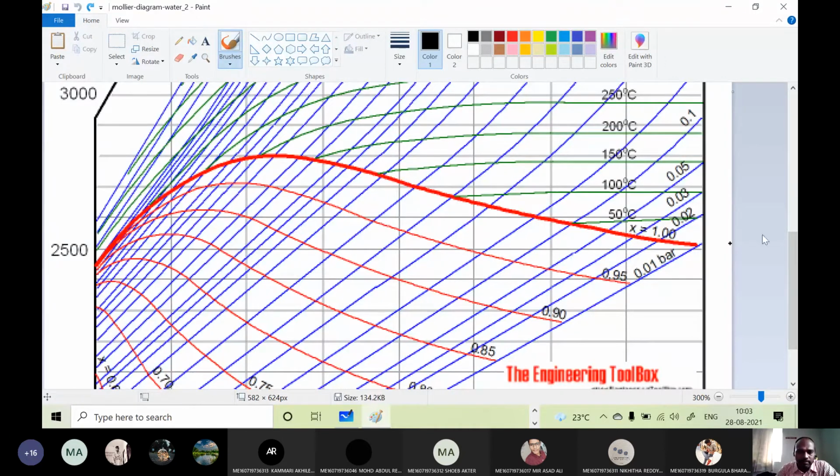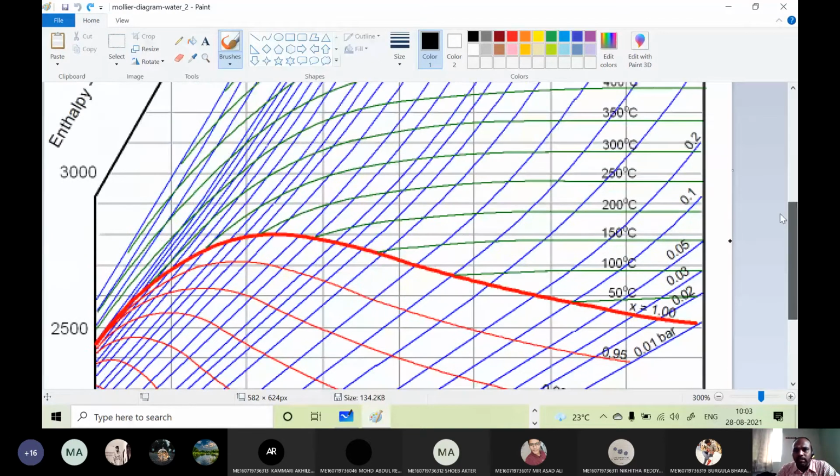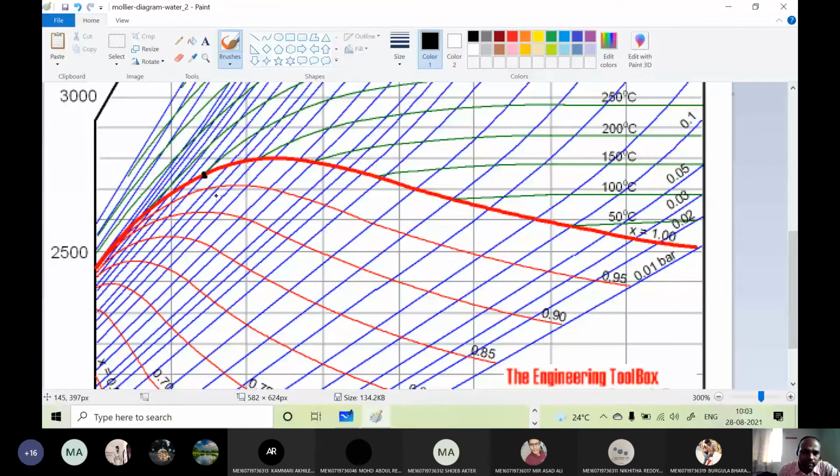That is the initial point, and I marked it with black color. This is my initial point 1.